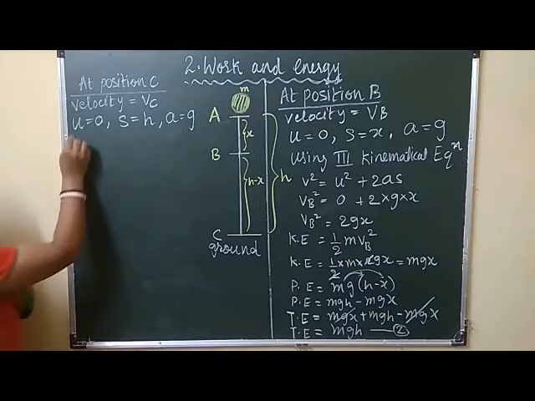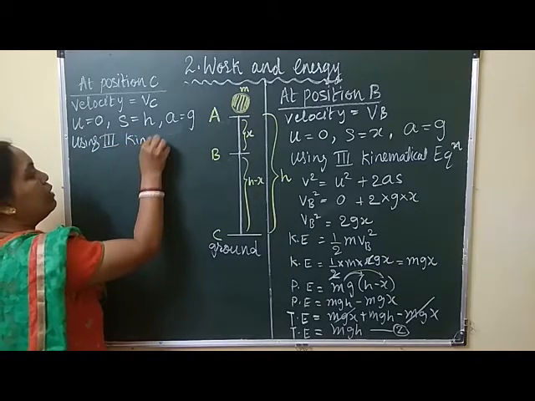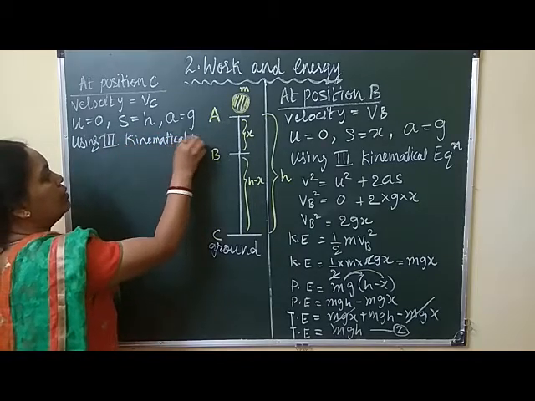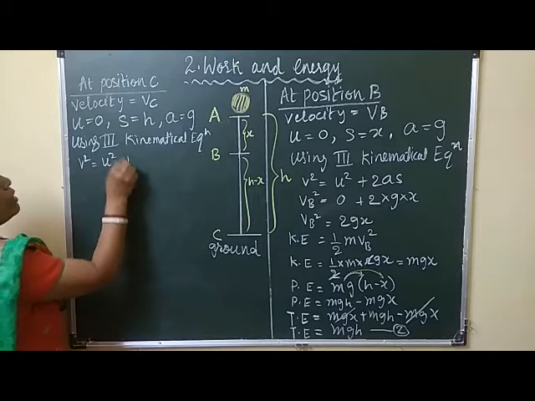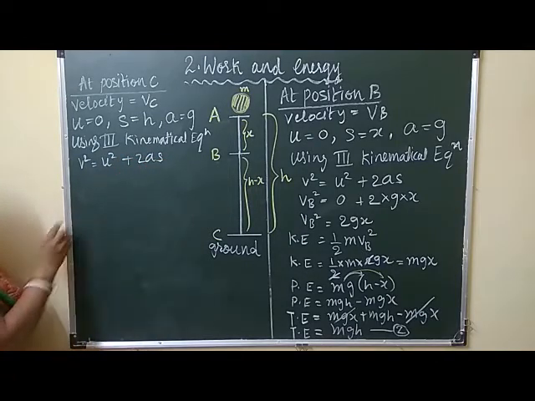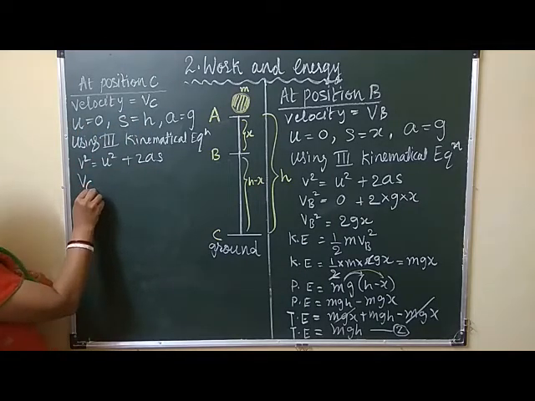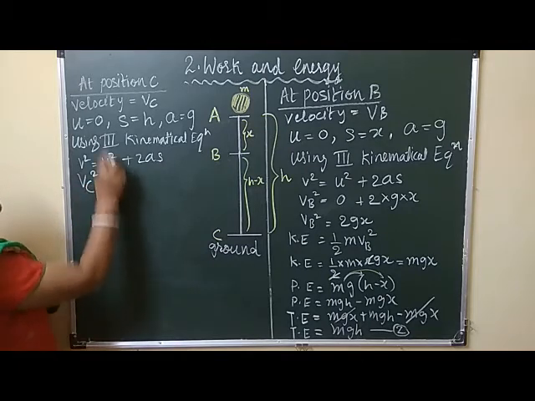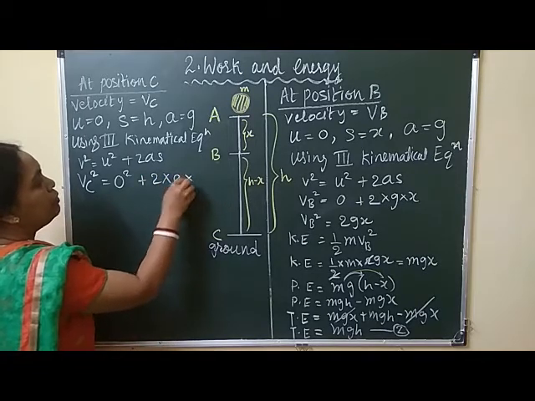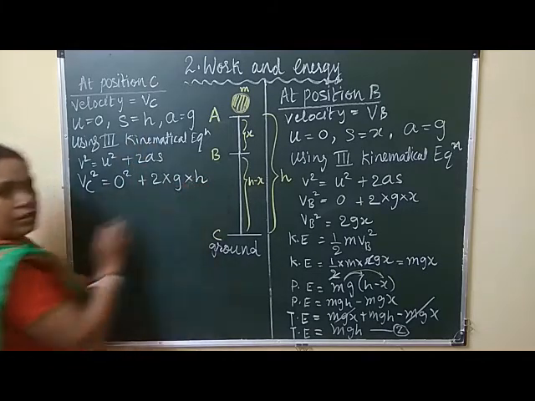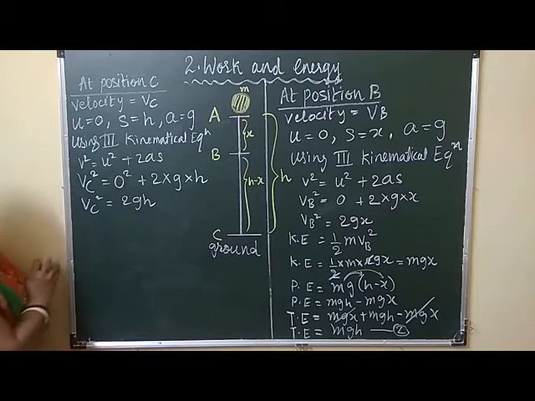Now again we have to use the third kinematical equation. We get v square is equal to u square plus 2as. This is the formula. Substitute in this formula. For v we will write velocity at position C square is equal to u is 0, 0 square, plus 2 into g into height, s is h. So here vC square is equal to 2gh.